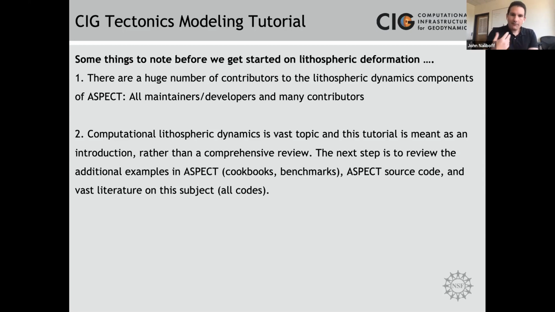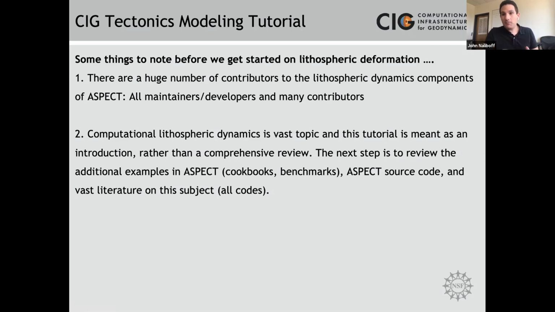After this component is over, if you're new to these types of models, the next step, rather than jumping into your own modeling, would be to start looking in Aspect at additional cookbooks and benchmarks. We're only going to cover some of them, and there are a lot more. Absolutely the first step is to keep going through the existing examples until you have a better intuition for how these things work. The next step would be to start going through the Aspect source code.